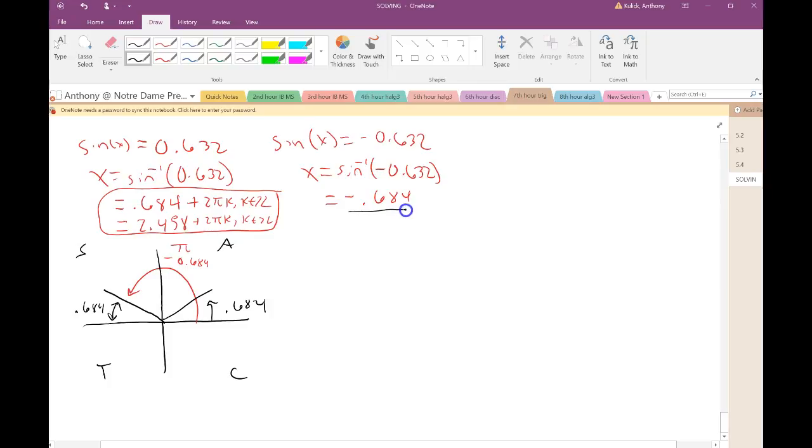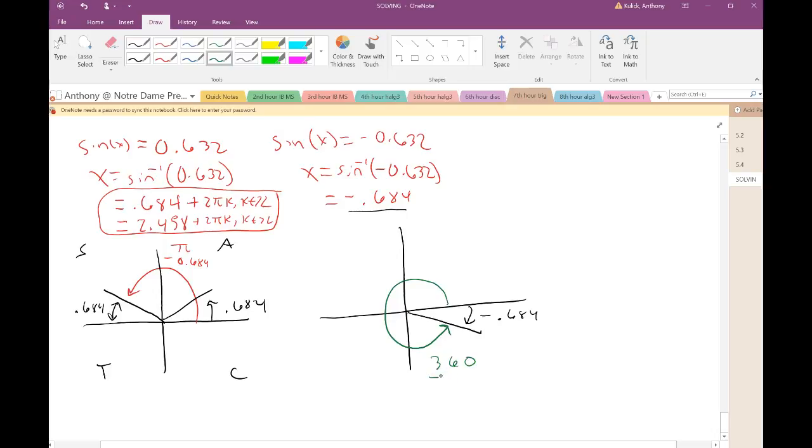Now, look at this answer. What's odd about this answer? It's negative, right? So that's this. The value we want, though, is this one, right? So that's 360 minus, oh, I'm sorry, yes, 2 pi, thank you, Megan, minus that 0.684.